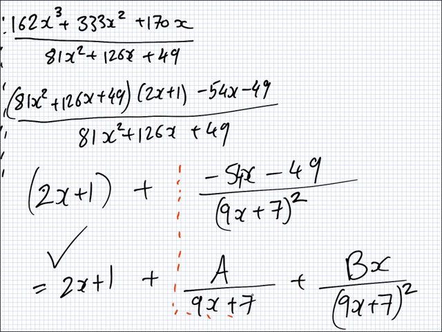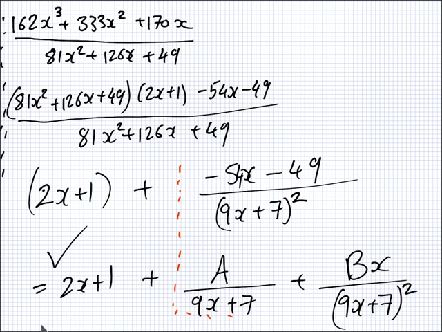You could use... Sorry, Mo, can you see okay? Yeah. You could use the cover-up method if you suppose it. Could you? No, I can't see how, because the problem is the 9x plus 7 is in both. If you cover up the 9x plus 7, you would have to cover it up in both, because it appears in both.